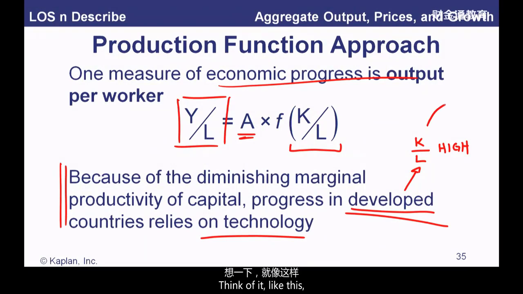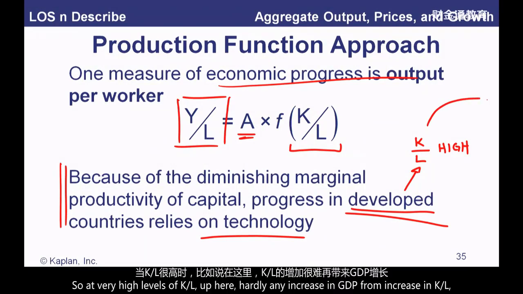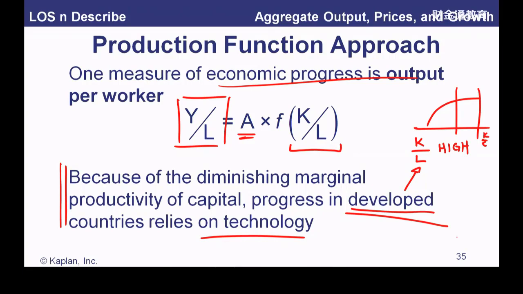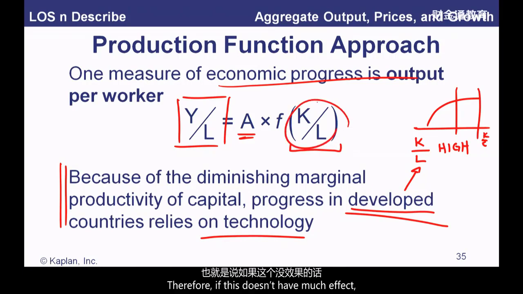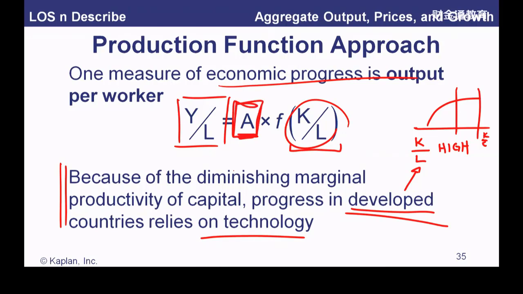Think of it like this. At very high levels of K over L up here, hardly any increase in GDP for an increase in K over L. Therefore, if this doesn't have much of an effect, you're relying on technological advancements.